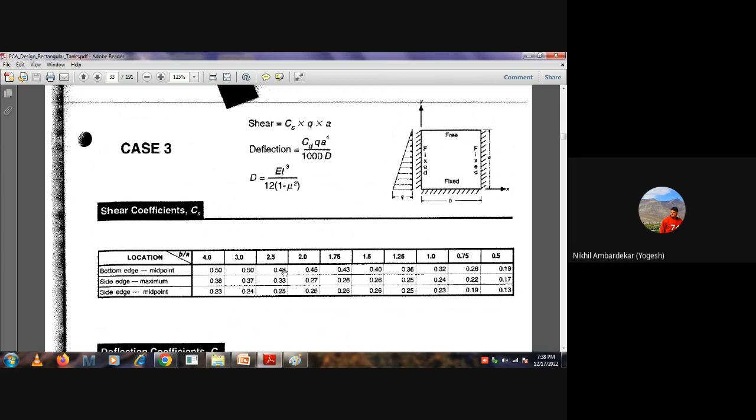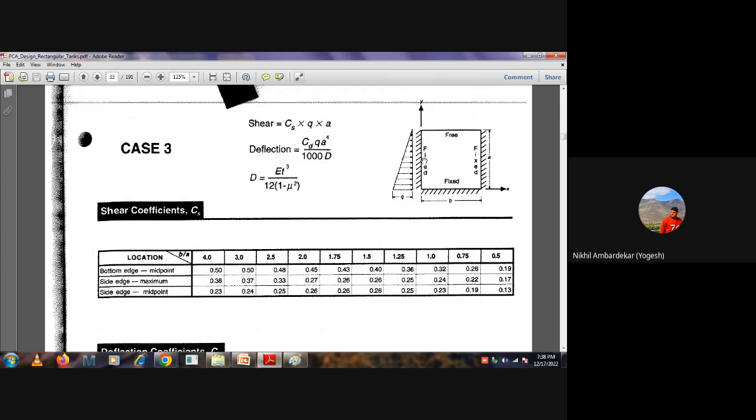In the same way, this table gives shear force at three different locations: bottom edge midpoint, which is the bottom edge midpoint, side edge maximum, and side edge midpoint.